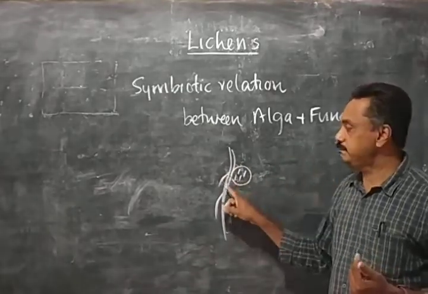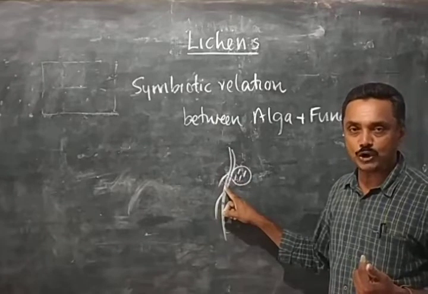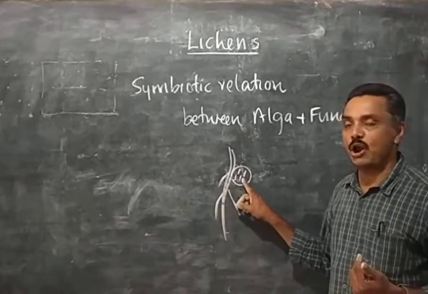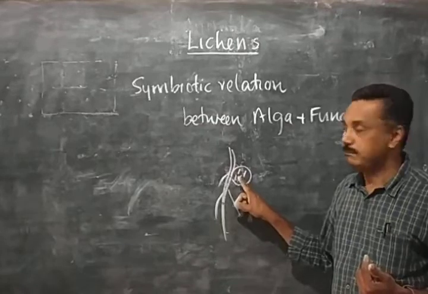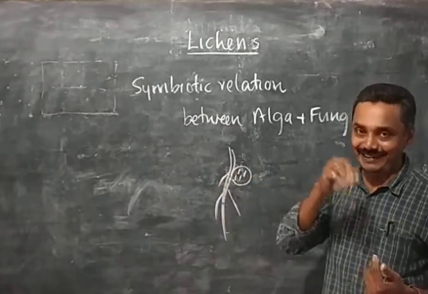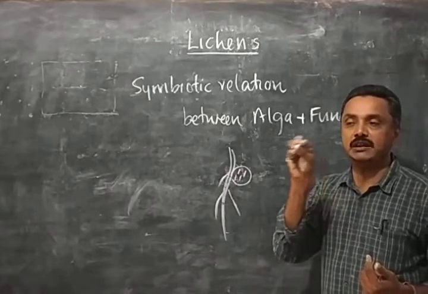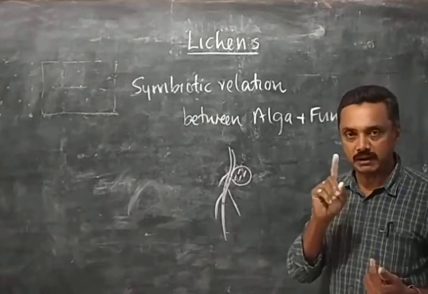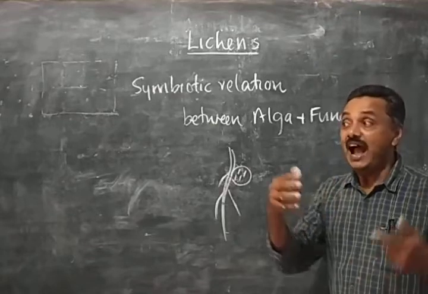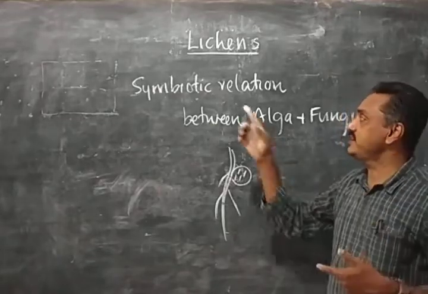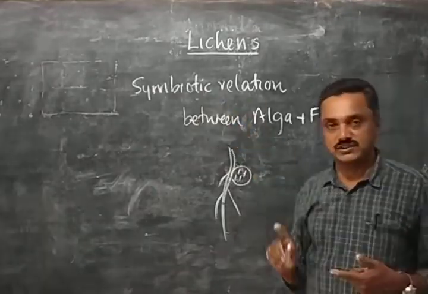Remember that the plant belongs to the plant kingdom, and bacteria belong to kingdom Monera. The plant prepares food and gives it to bacteria. Bacteria absorb nitrogen, prepare ammonia and give it to the plant. One plant, one bacteria living together. That relation is called symbiosis.